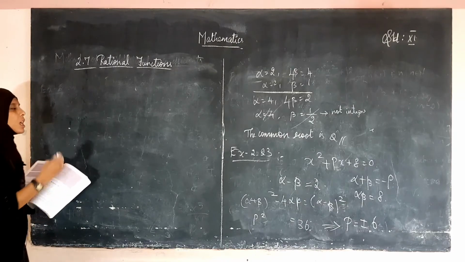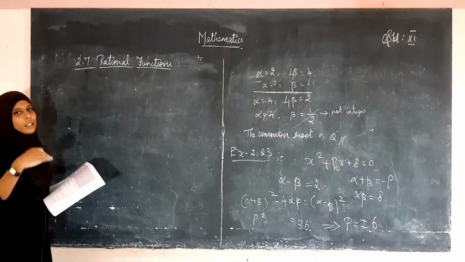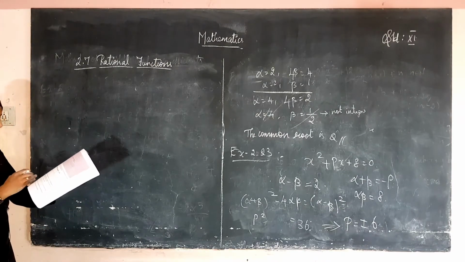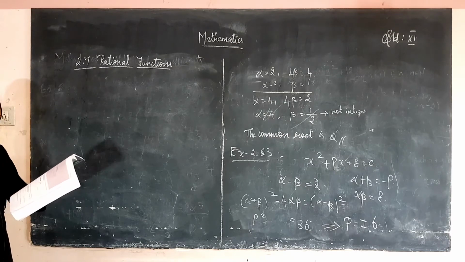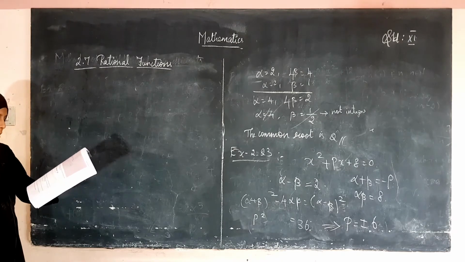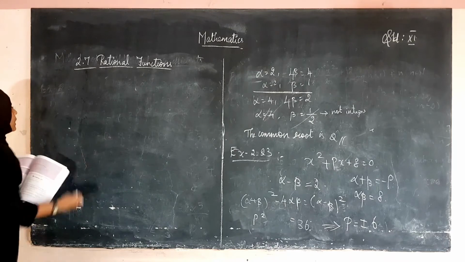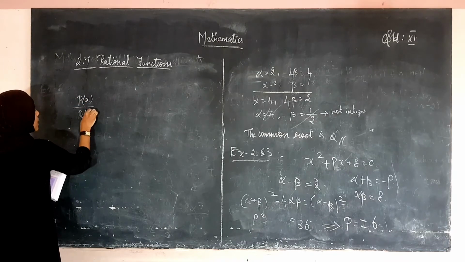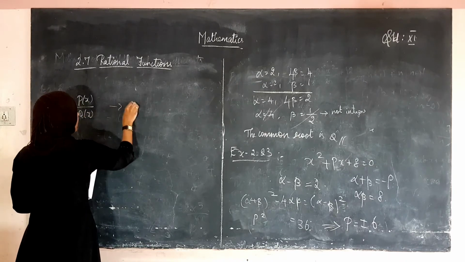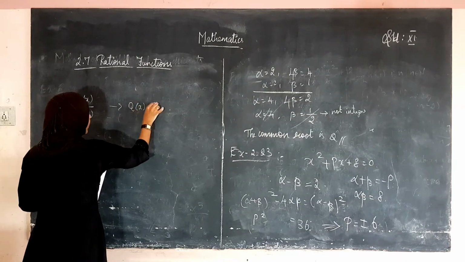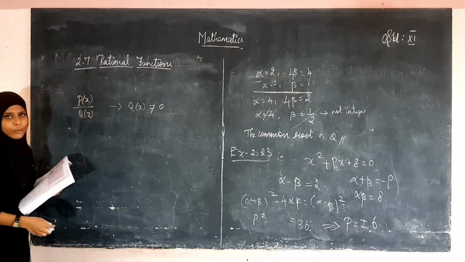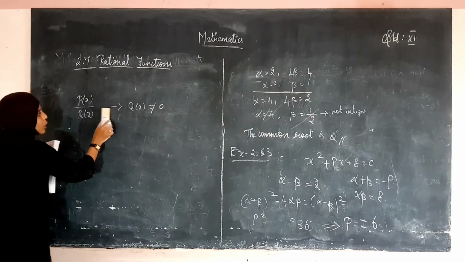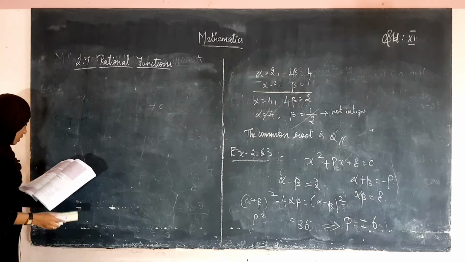Rational function means both the numerator and the denominator will be having some function, and that is said to be a rational function or rational expression. In your book they have given an example, 2x plus 1 divided by x square plus x plus 1. It will be in the format p of x divided by q of x, both are functions. But this denominator q of x should not be equal to 0. If q of x is equal to 0, this becomes undefined, right? Therefore, q of x should not be equal to 0.